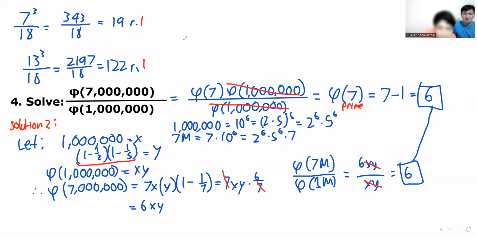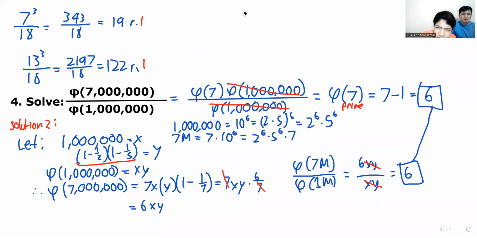One equation, especially for composite numbers, also works for prime numbers. It just so happens that there is no other prime factor. So in the end, the prime is just 7 times 1 minus 1 over 7.